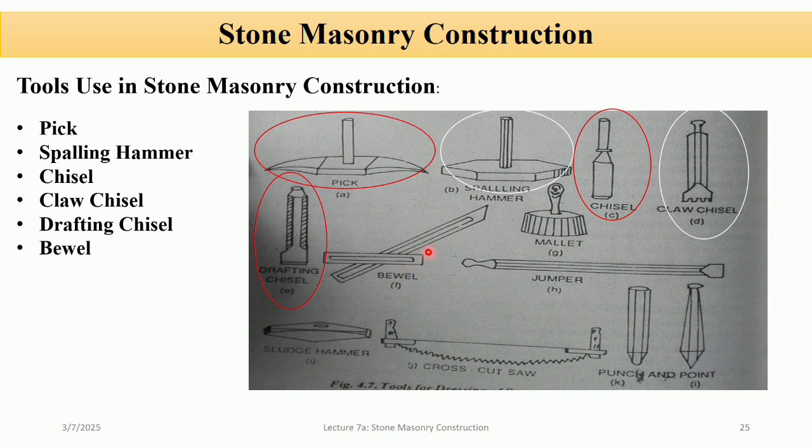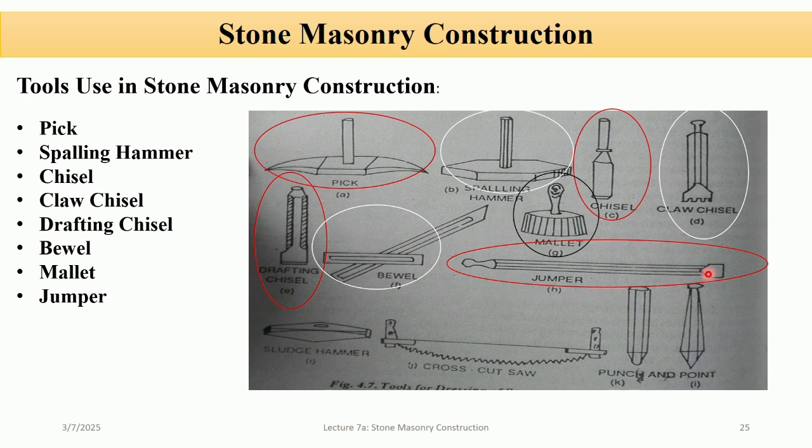Bevel. Bevel is made of two blades of iron slotted and fastened with a thumb screw. Mallet. This is a mallet, a wooden hammer used for driving wooden headed chisels.